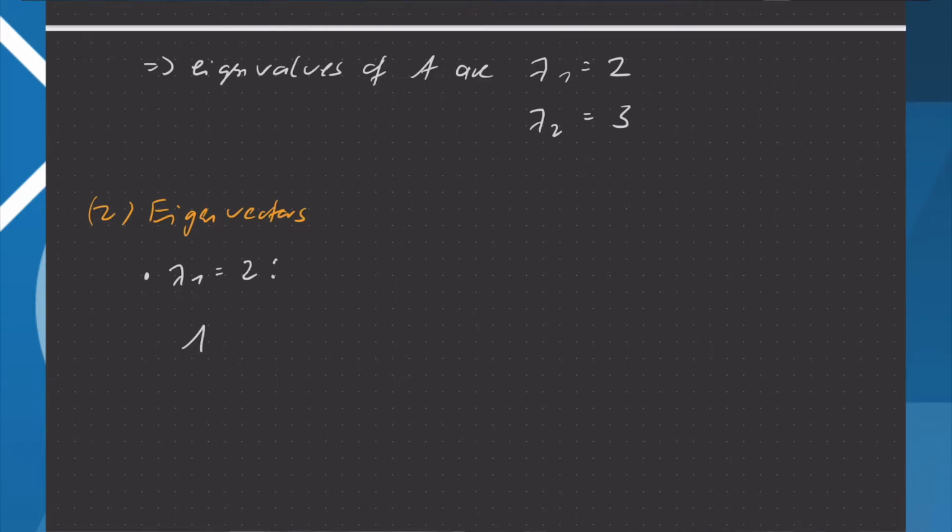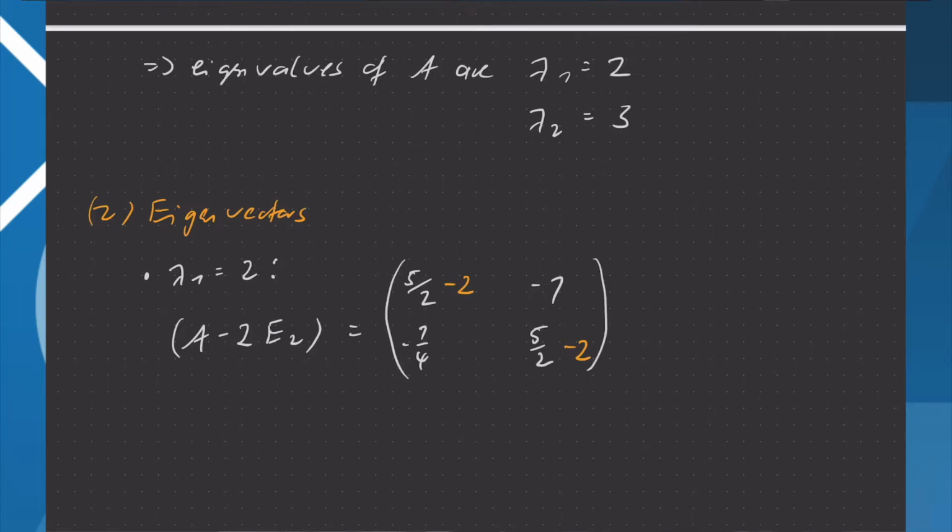For this, we consider the matrix A minus 2 E2, or so I can write down A first, 5/2, minus 1, minus 1/4 and 5/2, and then we subtract the eigenvalue on the diagonal, so minus 2 in both of these entries.